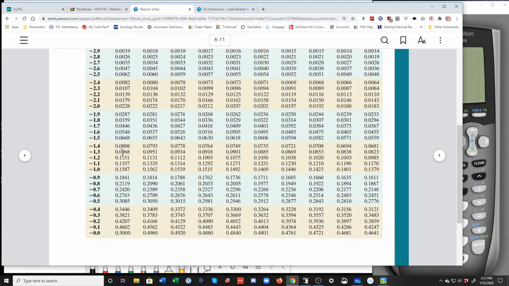So 0.0808, 0.0793. That would be 0.81, that would be 0.79. Which one is closer? I think this one's closer. So I'm going to say 0.0808.